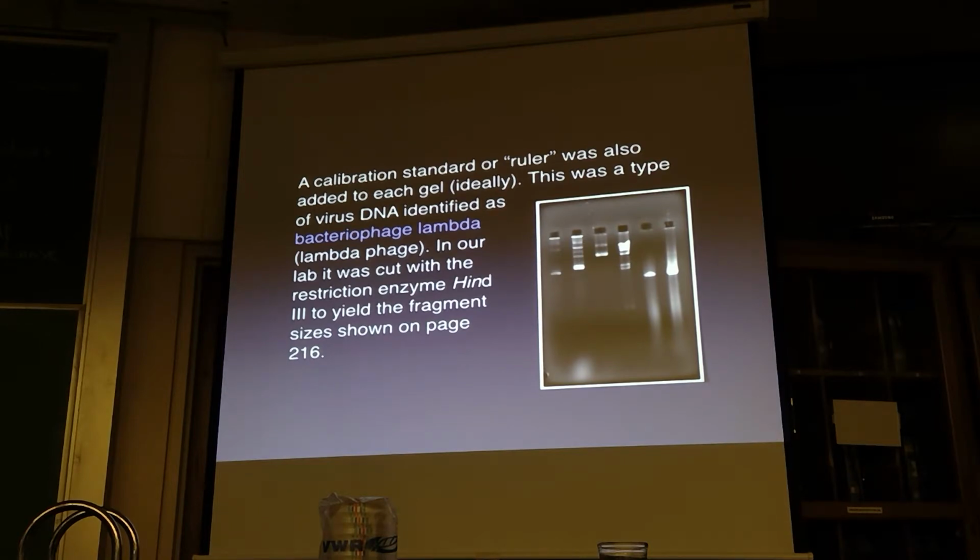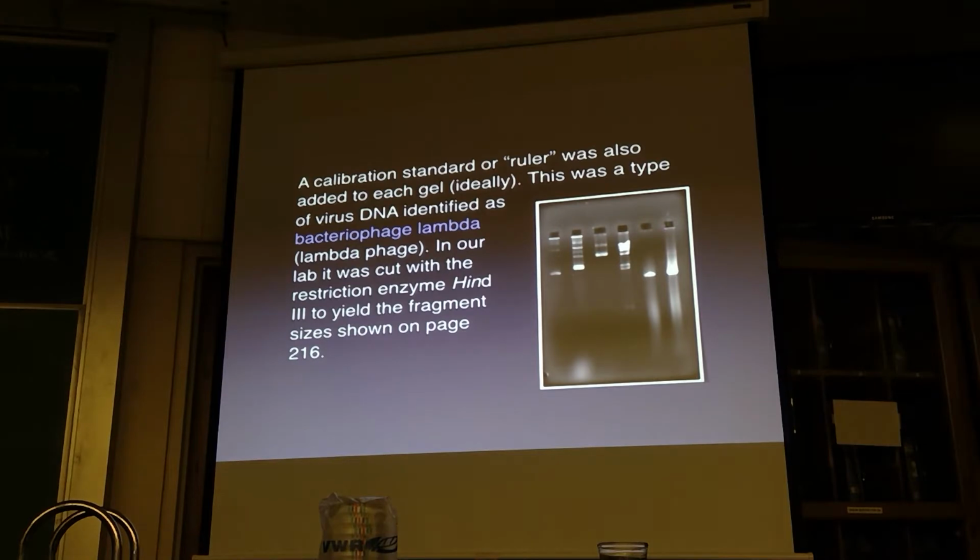Now, in addition to this, we had to have a ruler, a calibration standard, if you will, and this was our bacteriophage lambda DNA. The colors that you see up here, why do you suppose that's purple? Well, because I said my nucleic acids were purple. So bacteriophage lambda is just phage lambda DNA, but it's been cut with the enzyme HindIII. And the little tubes that we were using just said HindIII on top.